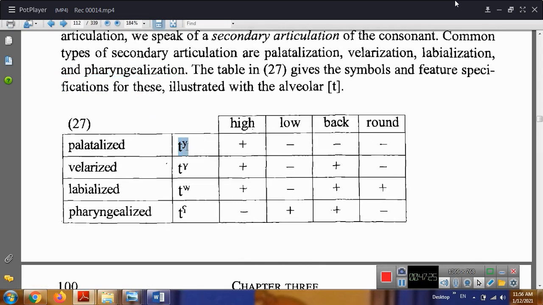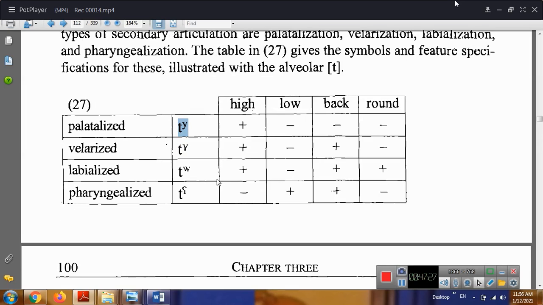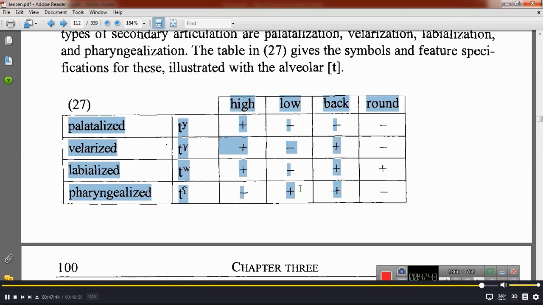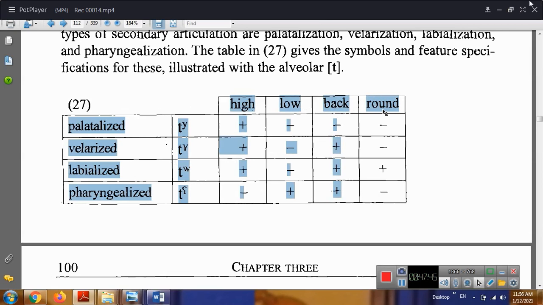They are common in some languages. Sometimes in English, based on the context, based on the place of the sound, we have a secondary articulation. For example, palatalized sounds, which we define based on the features high, low, back, and round: plus high, minus low, minus back, and minus round.